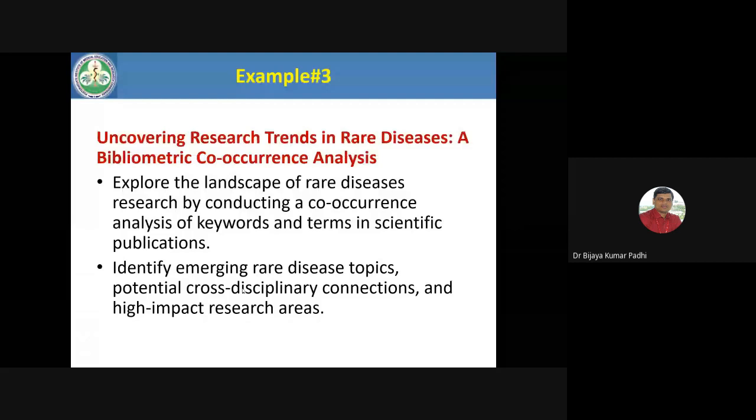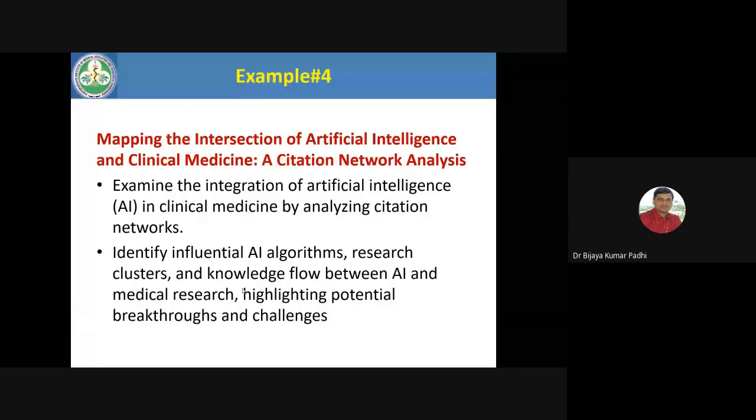So bibliometric analysis is also applicable to rare diseases. For example, in monkeypox, we produced one bibliometric analysis. If you want to see how artificial intelligence is used in clinical medicine, you can also use a bibliometric analysis.